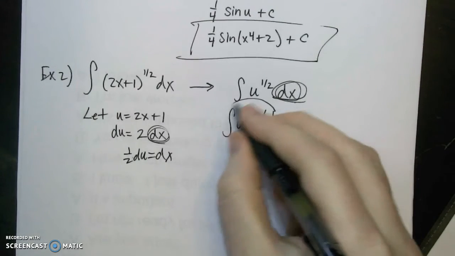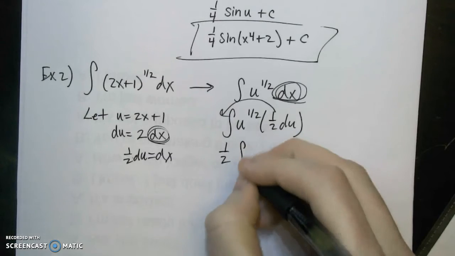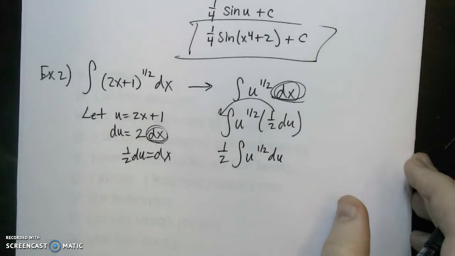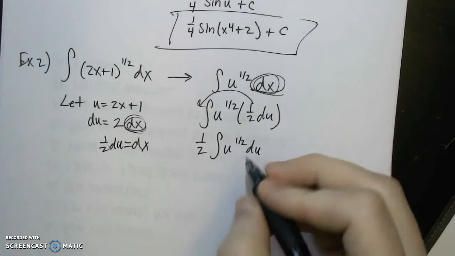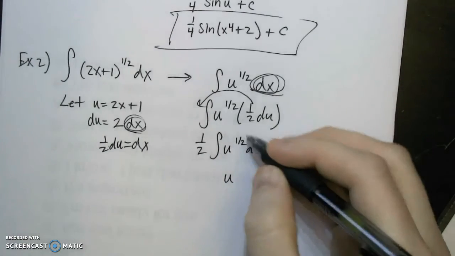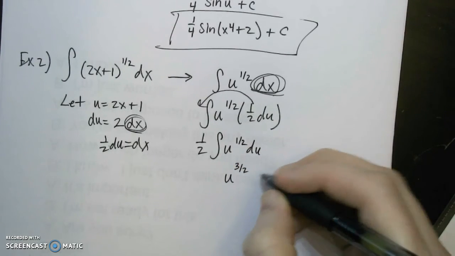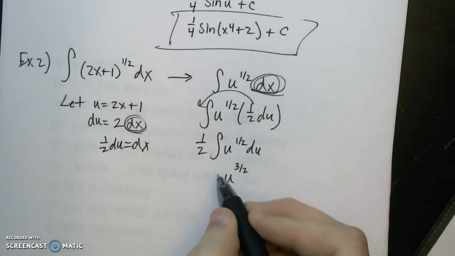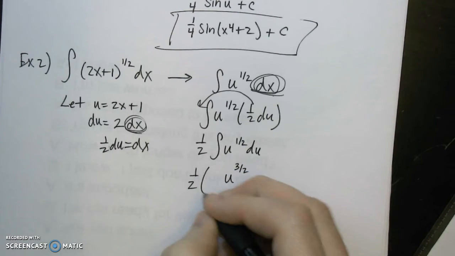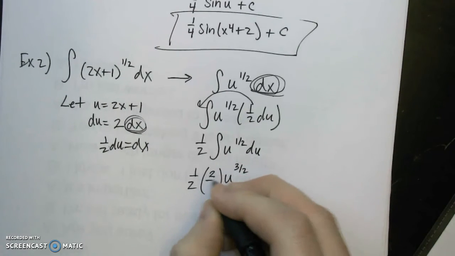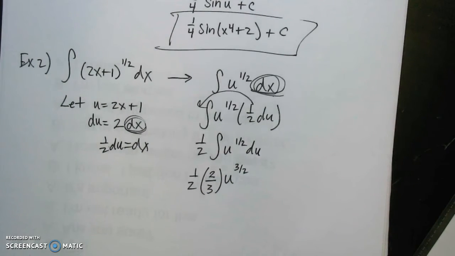I'm going to bring that constant in front. And then I'm going to do the antiderivative. So I add 1 to the exponent. If I add 2 halves, I get 3 halves. And then I'm going to divide by 3 halves. I've got that 1/2 in front. And then if you divide by 3 halves, you're really multiplying by the reciprocal, 2/3.